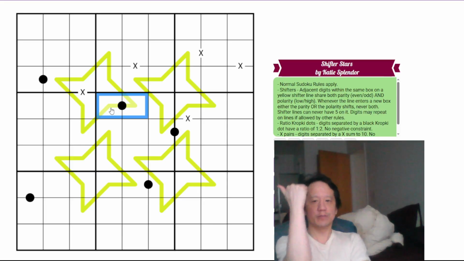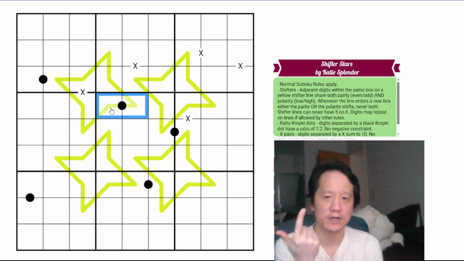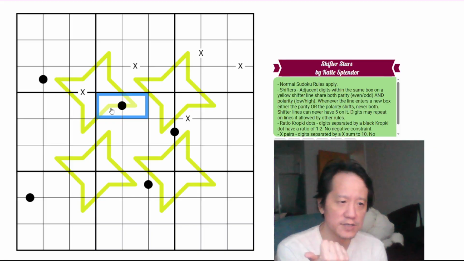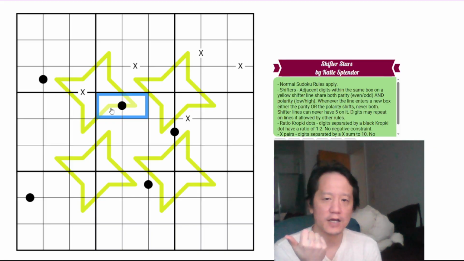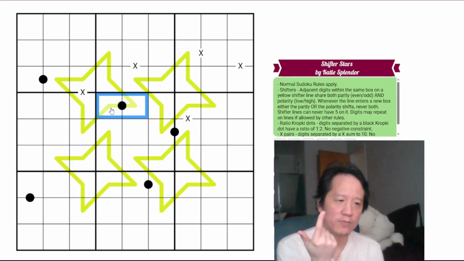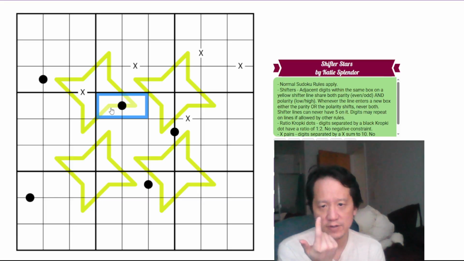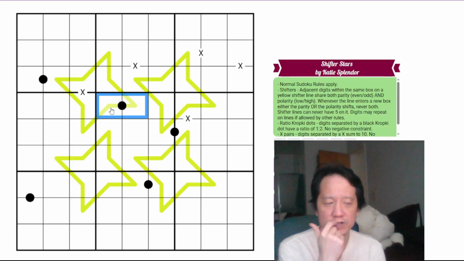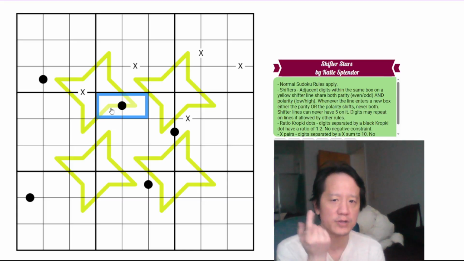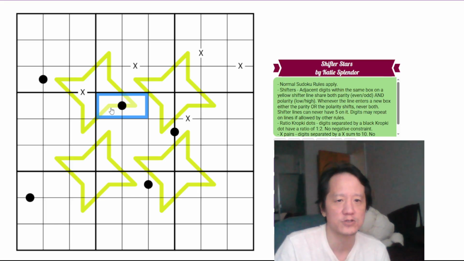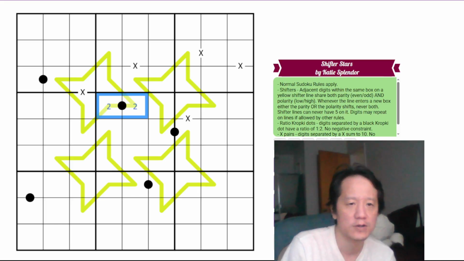And they're the same parity and the same polarity. Well, if you double 1, you can't get an odd digit to go to another odd digit in that scenario. So it has to be even, even, and therefore it's 2 and 4 or 4 and 8. 4 and 8 do not share the same polarity. One's low, one's high, so this must be a 2-4 pair.